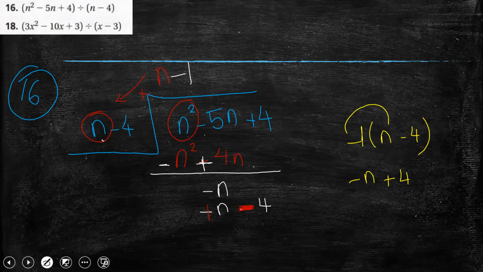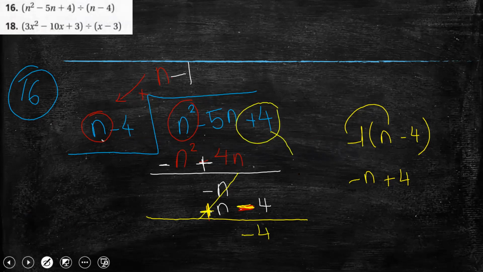This minus will be plus here, and this plus will be minus here. Then they cancel each other. Then we have negative 4. Then we bring this positive 4 down. And the remainder will be 0. So the quotient here for dividing n squared minus 5n plus 4 over n minus 4 is n minus 1.